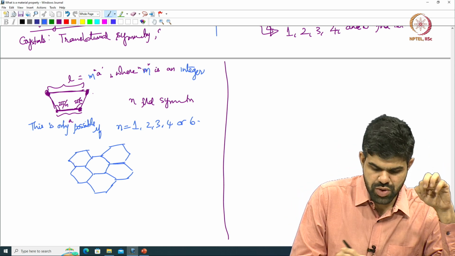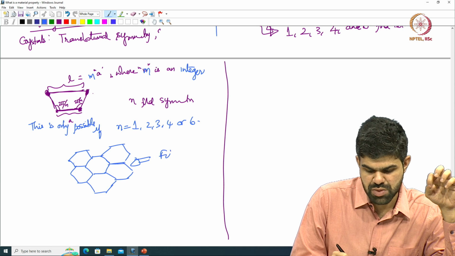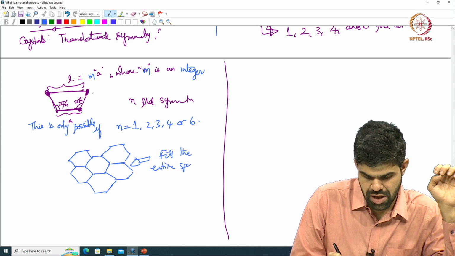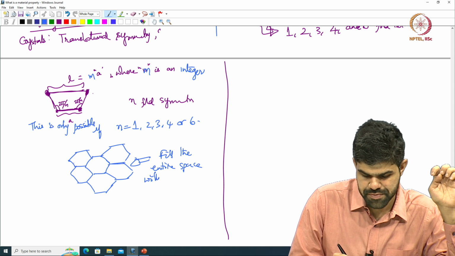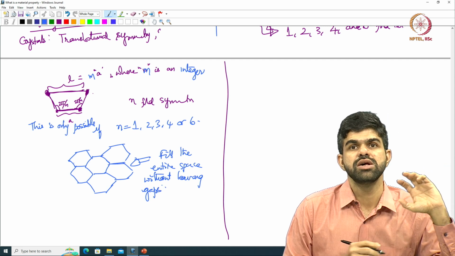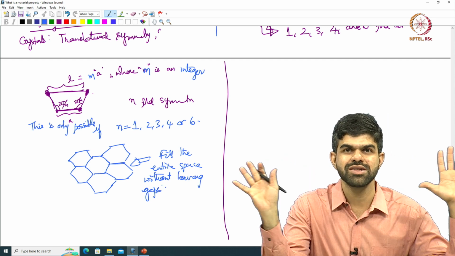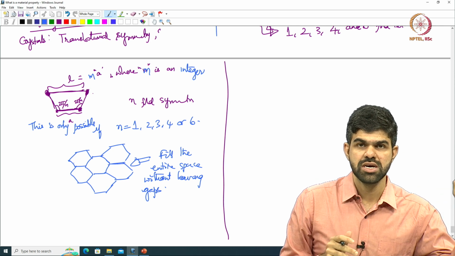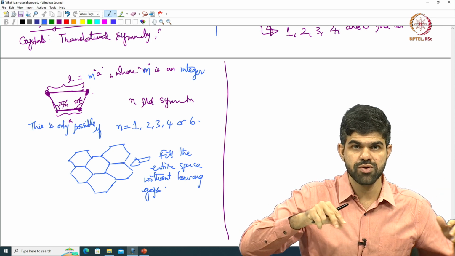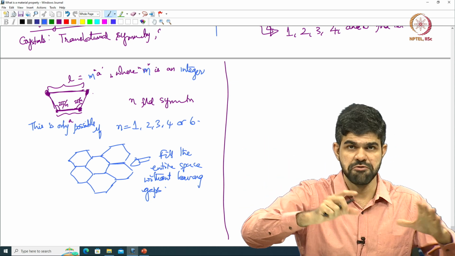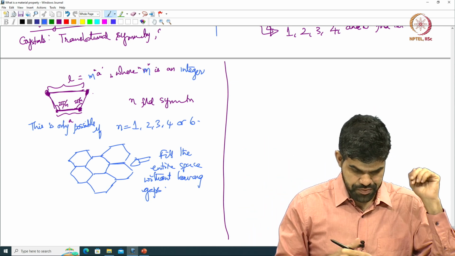So you can actually fill the entire space with hexagons without leaving gaps. Okay, so 100% fill factor, there is no compromise. With hexagons you can fill the entire space. So if you have hexagonal tiles on your floor, you can see that the entire floor can be filled with these hexagonal tiles.